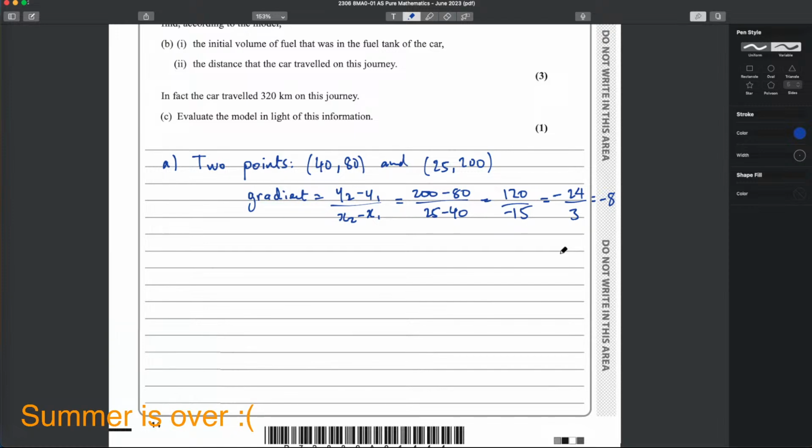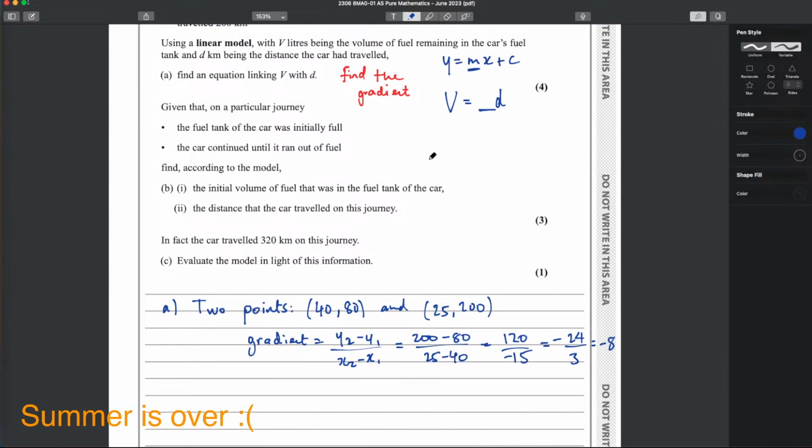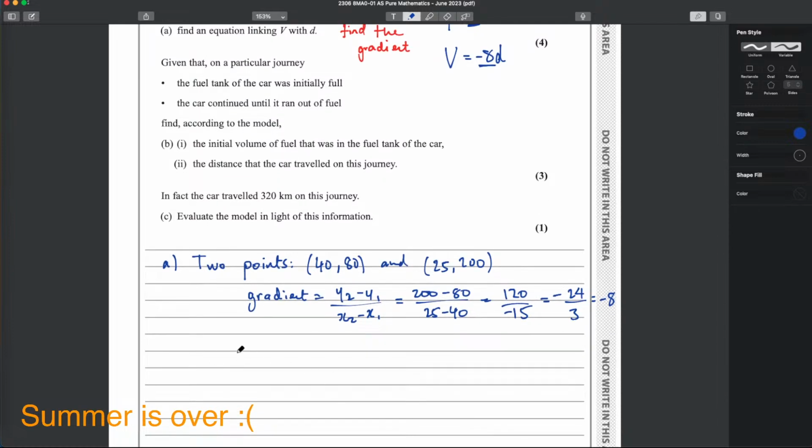I never said that. So, that was the coefficient of D. And then we can find the y-intercept plus c.